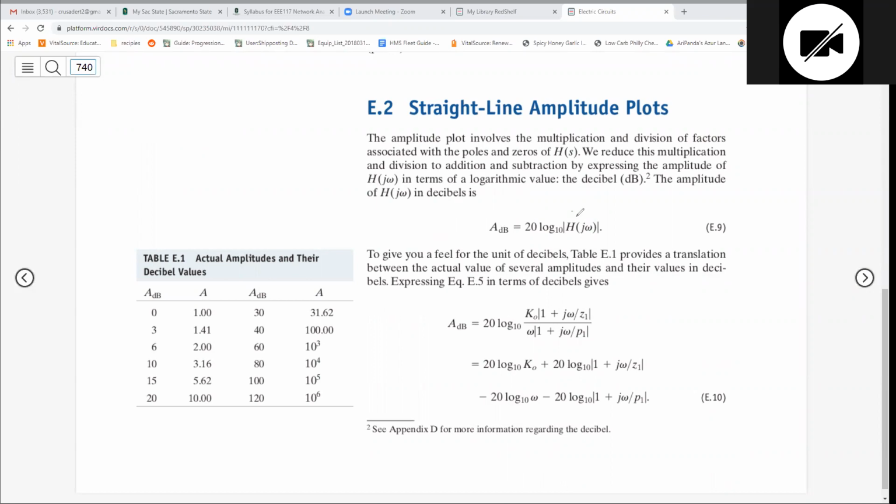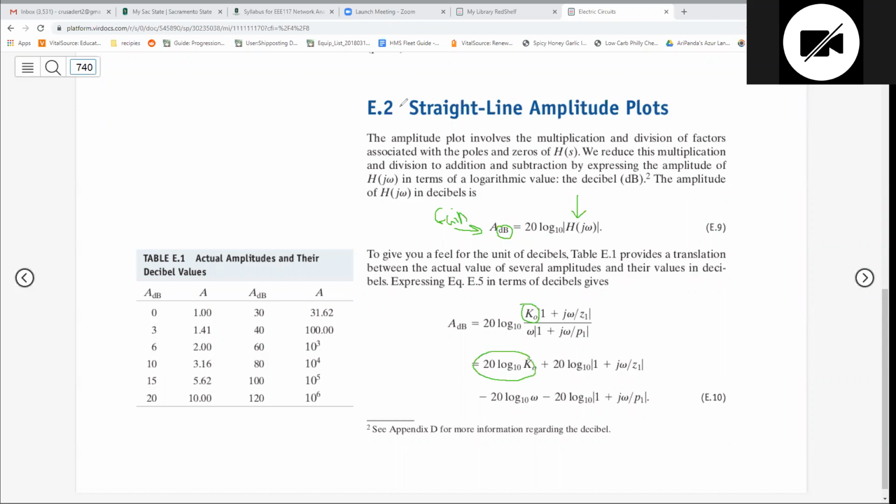So let's take our magnitude or our gain or transfer function we already have, do the 20 log 10 to get the gain in dB, okay? So literally you're taking the function 20 log 10 and then multiplying it into, again, K0, right? Which when you do your multiplication, it's going to be right here, 20 log K0.